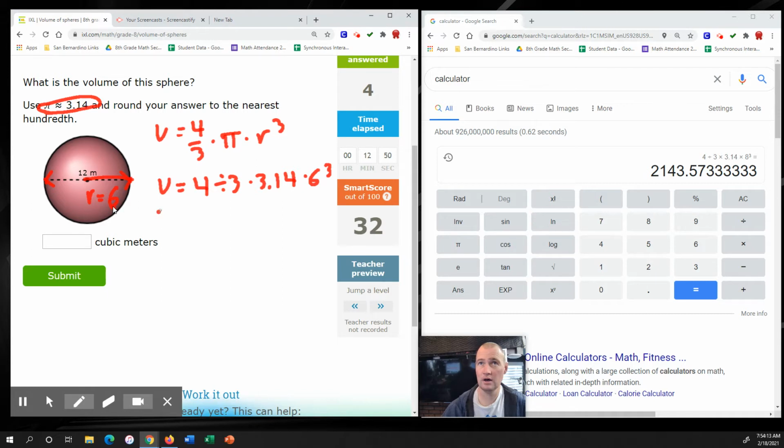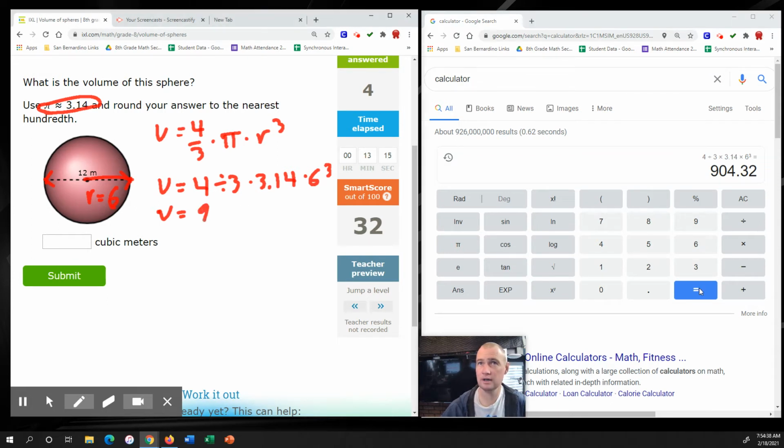So volume equals, this is calculator time, 4 divide 3 times pi, 3.14 times 6 to the third power. And let's roll. 904.32. This one looks very familiar.